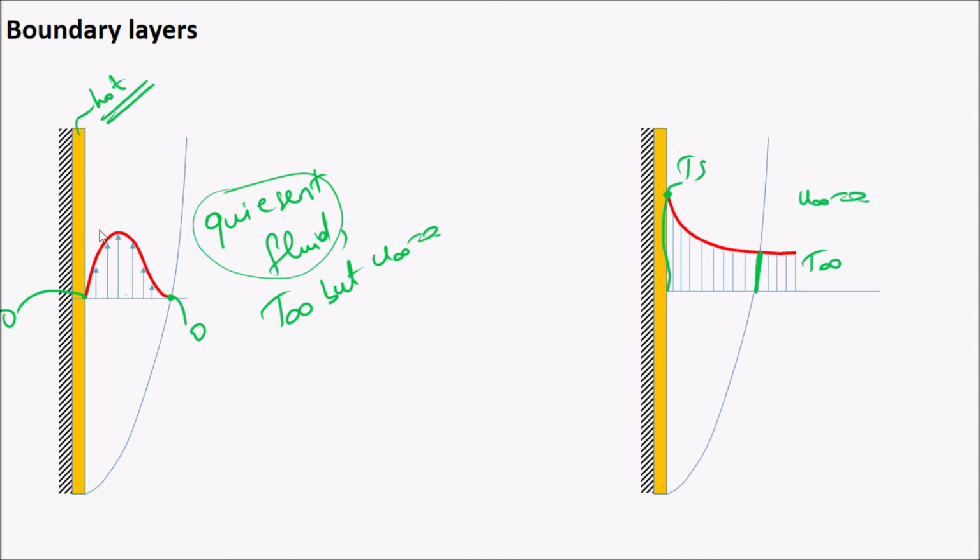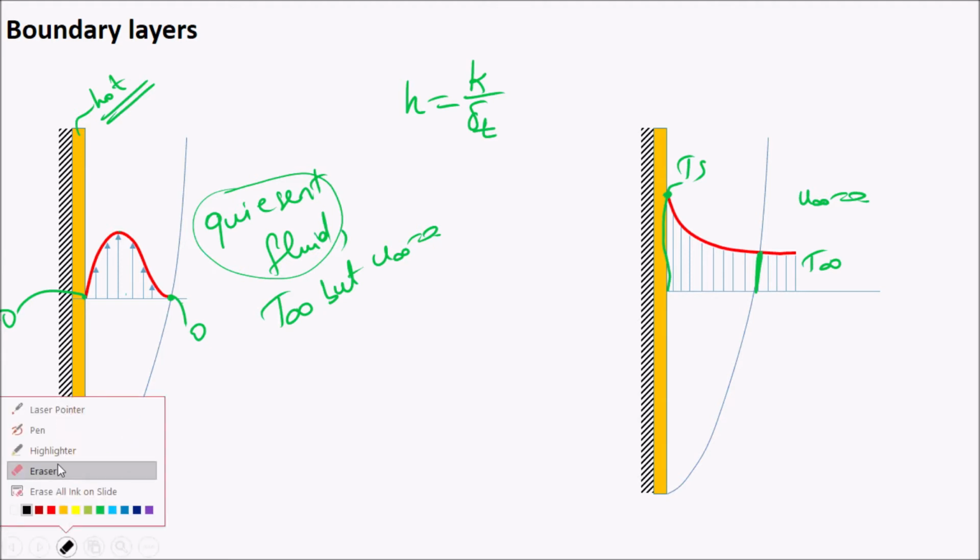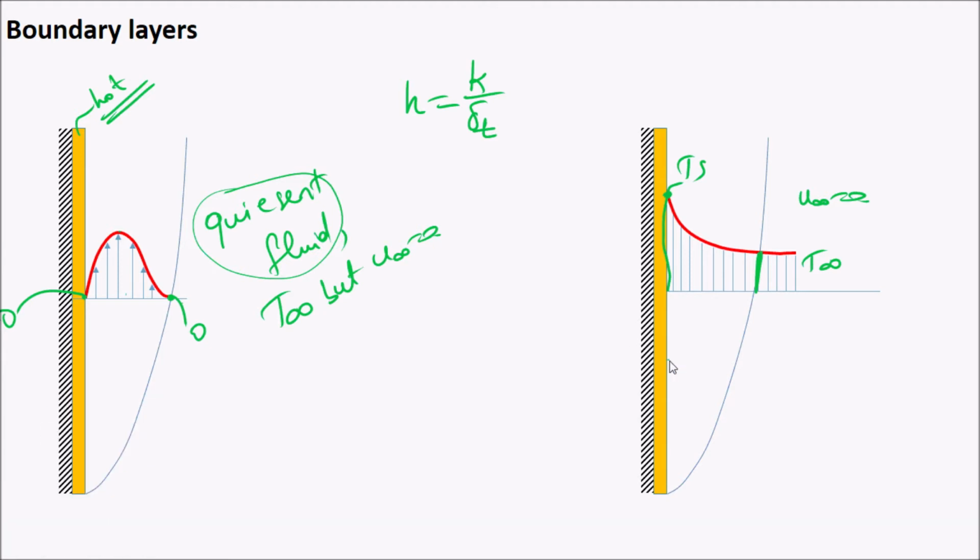Since you have the boundary layer, you will have the h value, and we have talked about the h value in our previous lectures: h is k by delta T, where delta T is the thermal boundary layer thickness. Here delta T should be placed, because the other one is the velocity boundary layer.